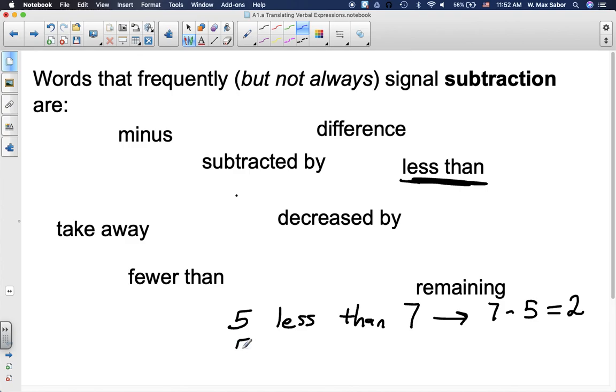If we say 5 is less than 7, it gets translated as 5 is smaller than 7. Those are two very different statements. It's pretty obvious when you're dealing with numbers, but once you start dealing with variables and other more complicated expressions, you need to know this difference.